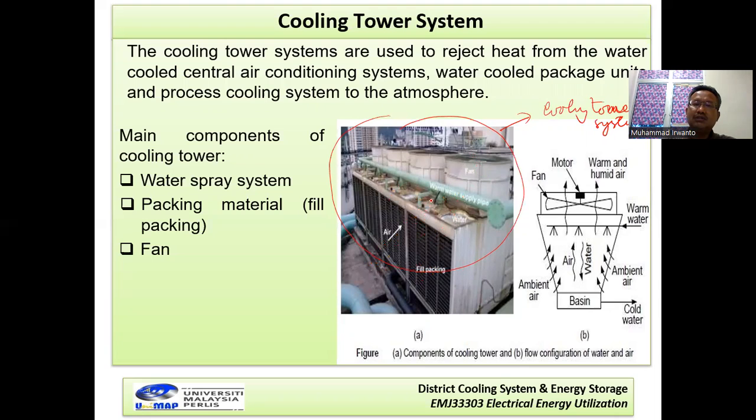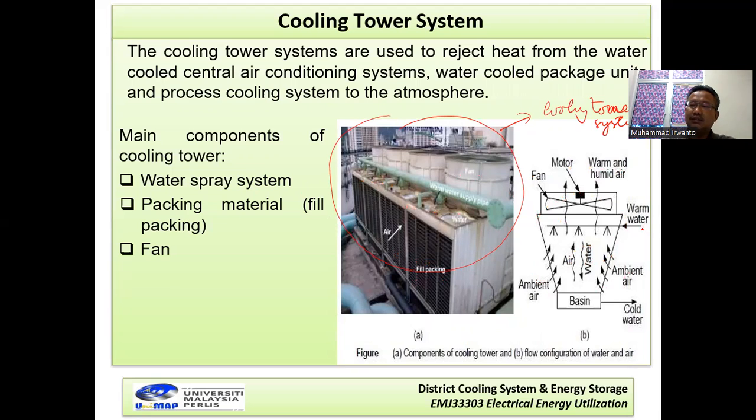Now, the main devices of this cooling tower system can be divided into first the water spray system, then second the packing material or fill packing here, and the pan here. Or by block diagram, we can see it like this. It is one part of the cooling tower system.